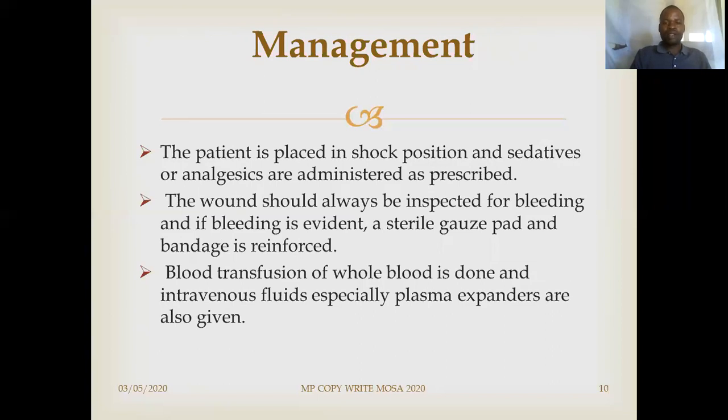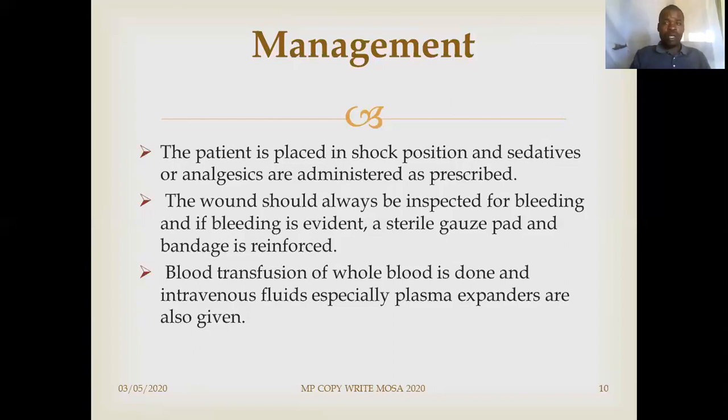This is done so that you promote blood supply to the brain. The wound should always be inspected for bleeding, and if bleeding is evident, the dressing is reinforced and the bandage is reinforced.